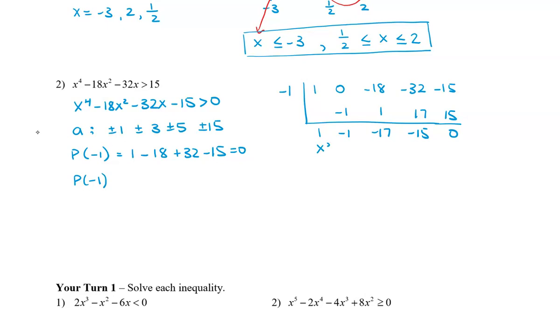Okay, so we now have x cubed minus x squared minus 17x minus 15 greater, or actually we'll just put it equal to 0 now. All right, so then we get -1 minus 1 plus 17 minus 15, and that equals 0. All right, so -1 does work again.